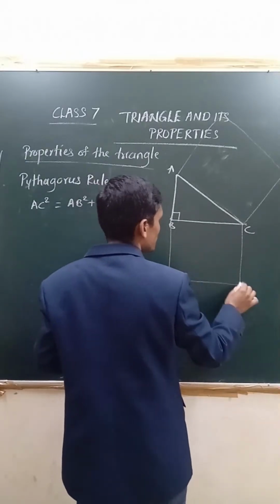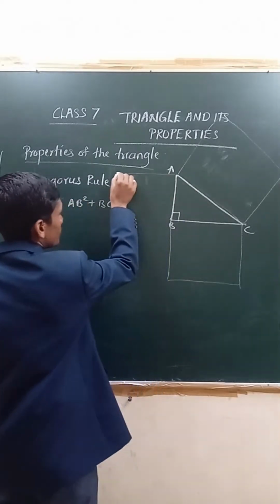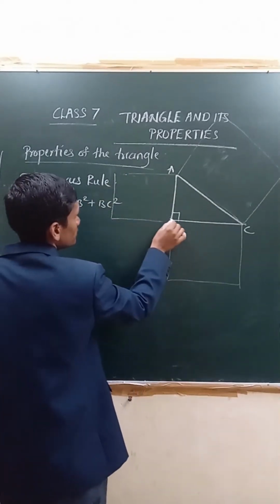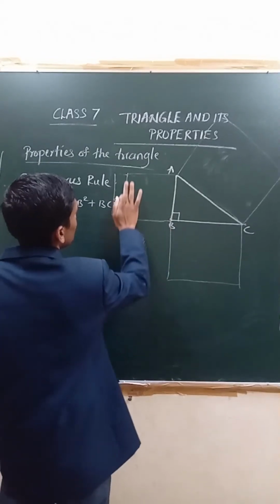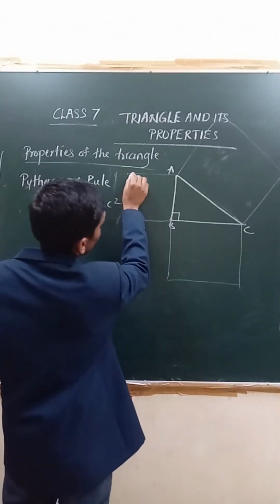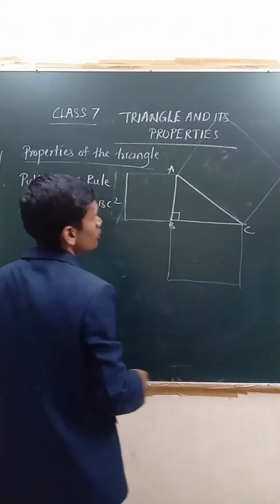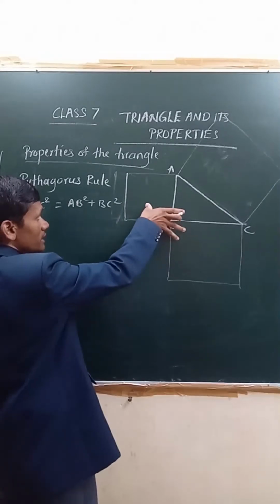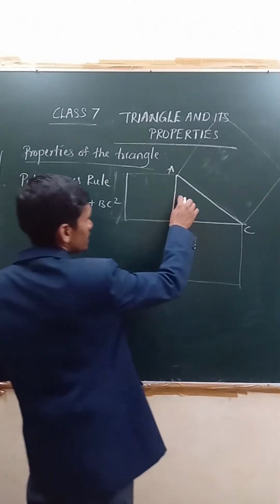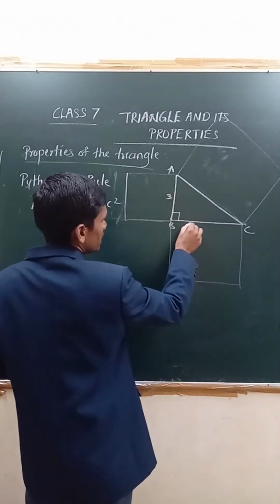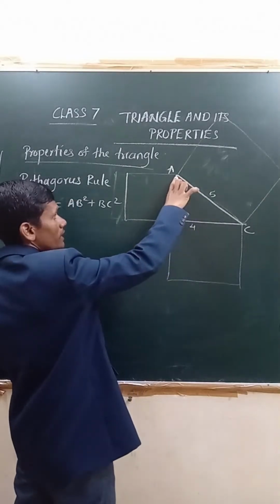Means if you find the area of this square and the area of this square, it should exactly look like a square, right? At least approximately it should look so. So if you add these squares, say for example, it is 3, it is 4, it is 5. Okay, this is the length of each side.